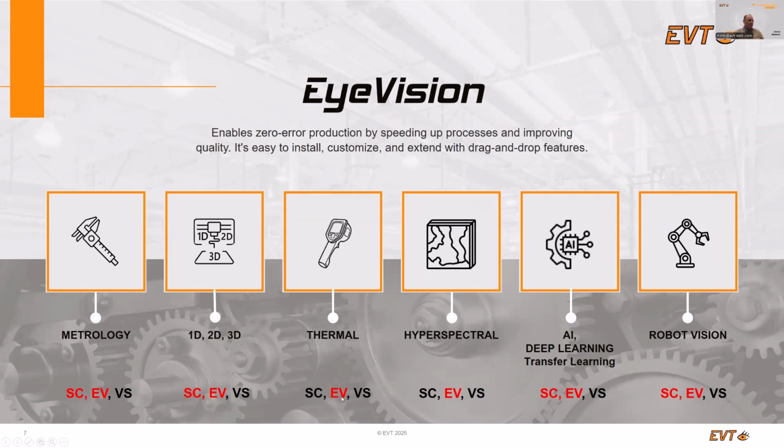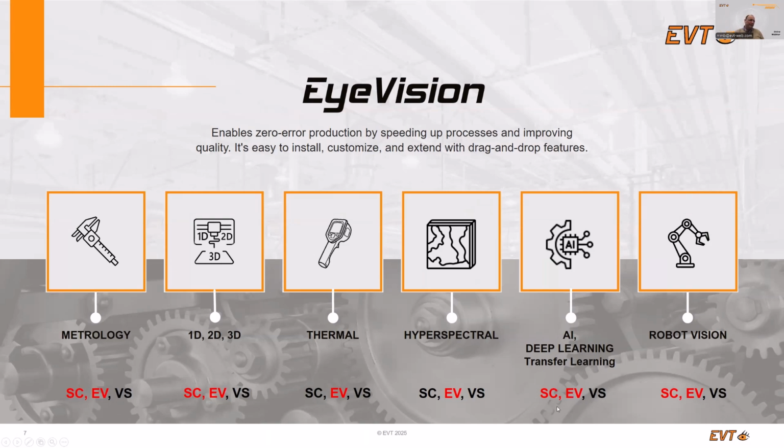For thermal imaging, there are not so many thermal cameras with an integrated CPU. Therefore, mostly an embedded vision system fits very well. It's the same for hyperspectral.